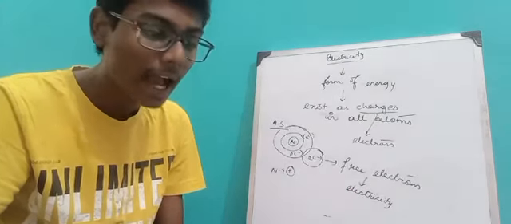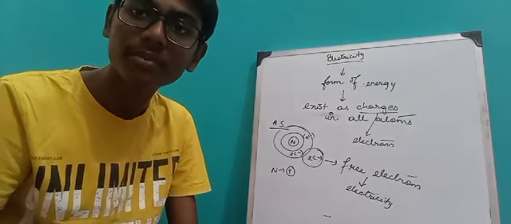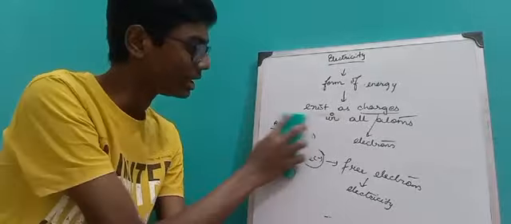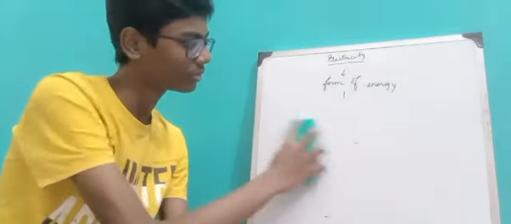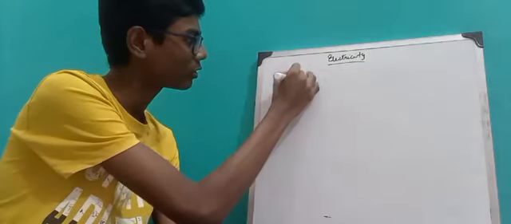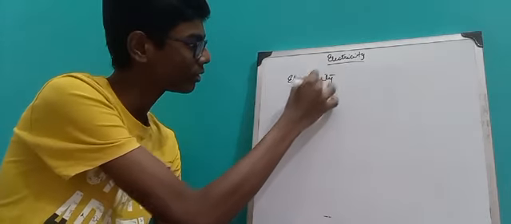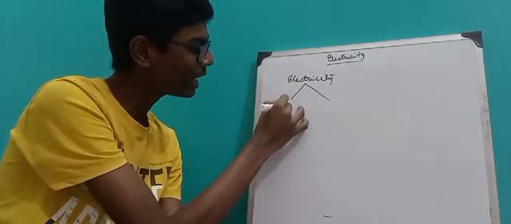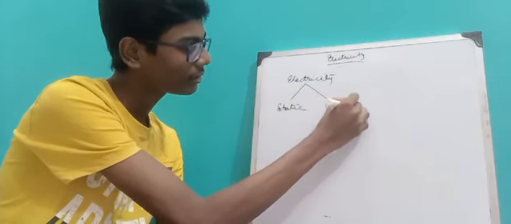Now coming to the types of electricity. What are the types of electricity? There are two types: one is static electricity, another is current electricity.